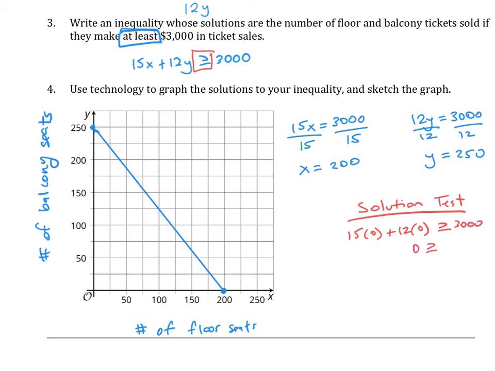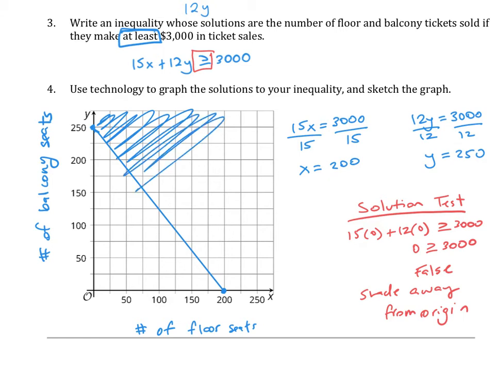And here I can see that it is not. This is false. That means I need to shade away from the origin, so my shading is going to be up here.